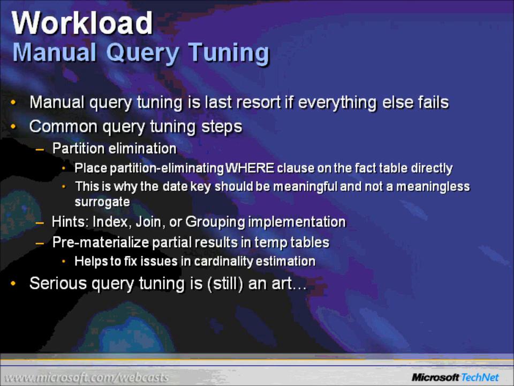So if you really need to tune a query, you should filter on date based on an explicit predicate on the fact table and not via a join with the date dimension. You can use hints if necessary, like index hints, join hints, or grouping hints in order to speed up a query. You can specify the order of joins using hints.